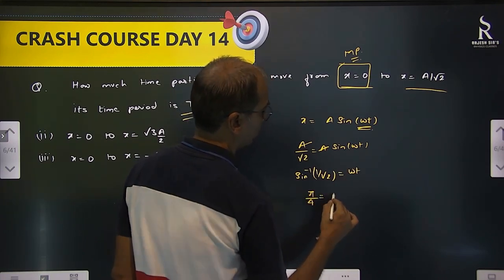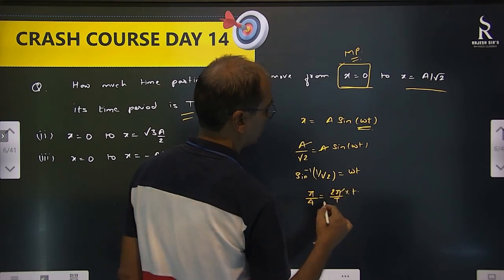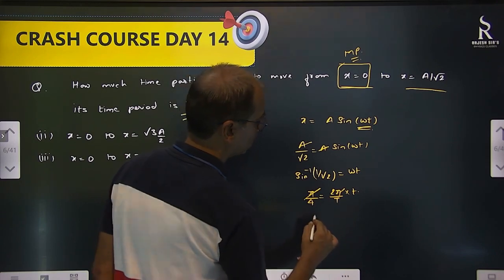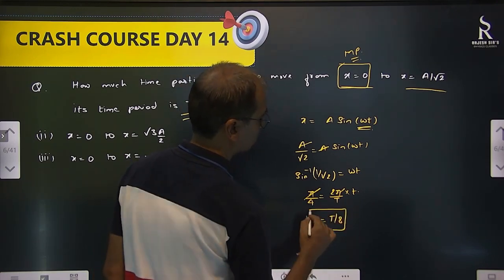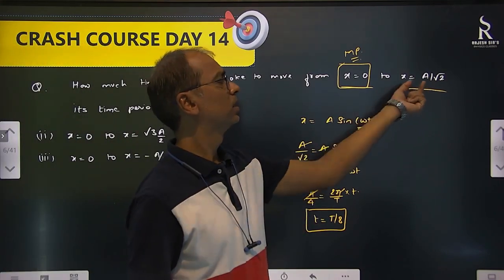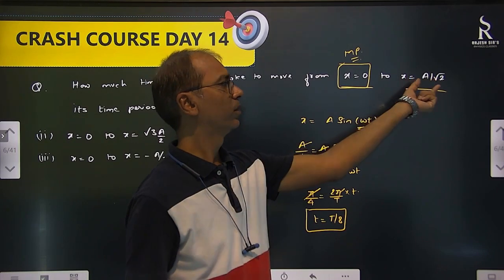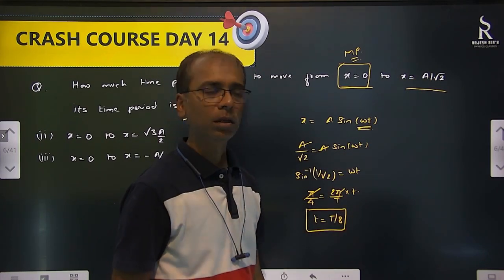So pi by 4 equals 2 pi by T into t. Pi cancelled, so t equals T by 8. Or directly, A by root 2 means A sin theta equals A by root 2. This is 45 degrees. Directly come over here, and you can take T by 8 seconds.